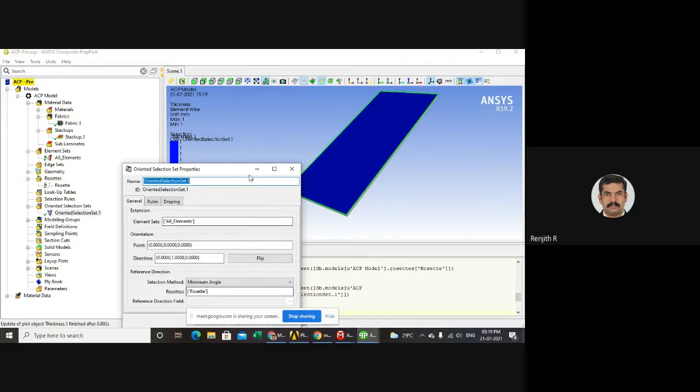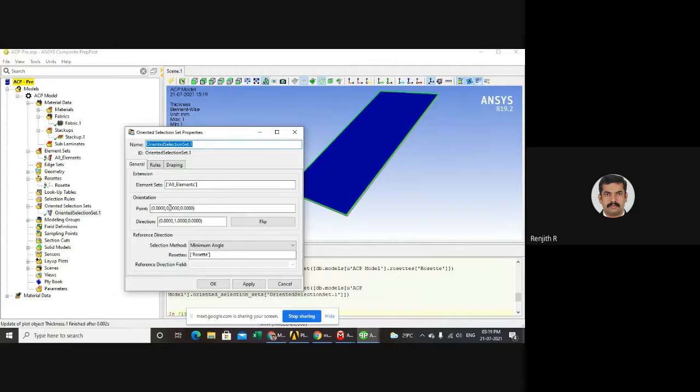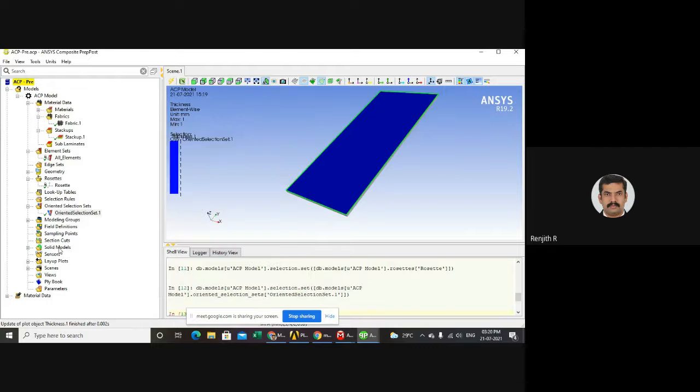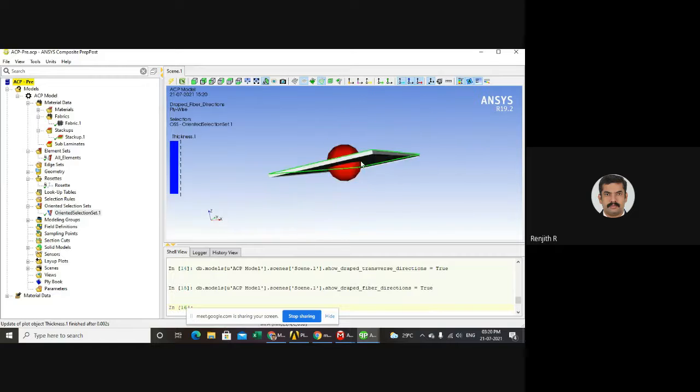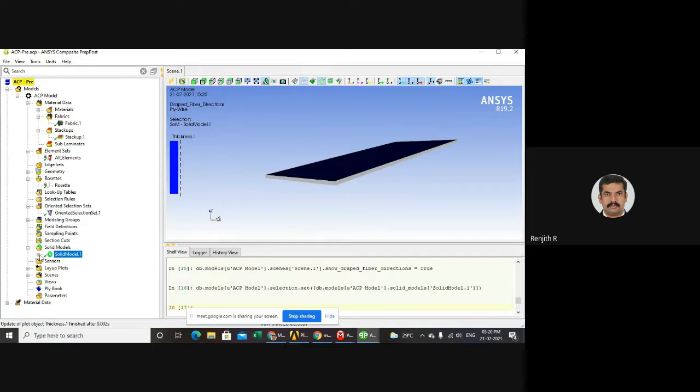Then there are two options. First, you have to specify a point, so from where you are creating it, and second you have to create the direction where it is applying. Okay. Then after completing the directions, if you activate these things, you can see the fiber orientation, all those things. If you select the solid model, one second.